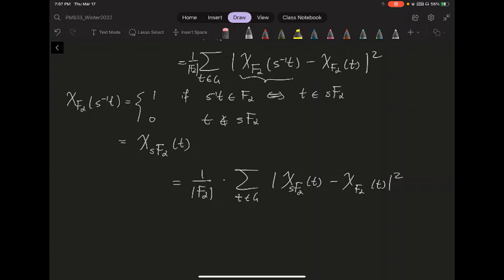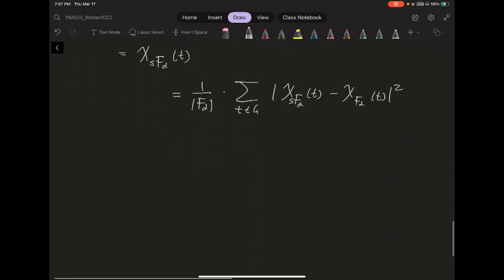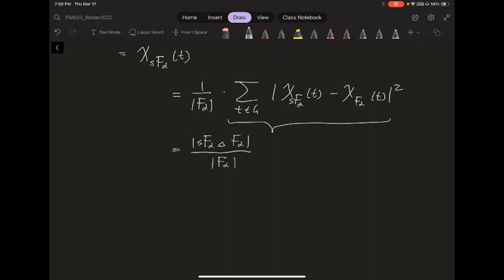The only time this is non-zero is when t is in exactly one of them, either in s F alpha or in F alpha, but not in both and not in neither. So this is essentially counting how many elements are in exactly one of F alpha and its translation. This is basically the size of the set difference of s F alpha with F alpha, and you divide this whole thing by the size of F alpha.